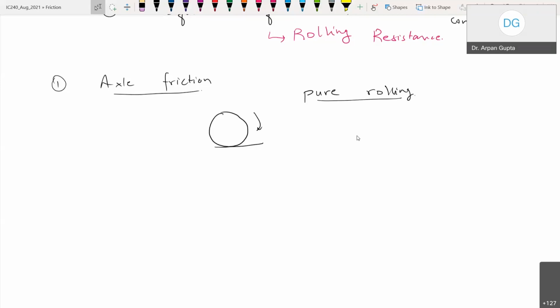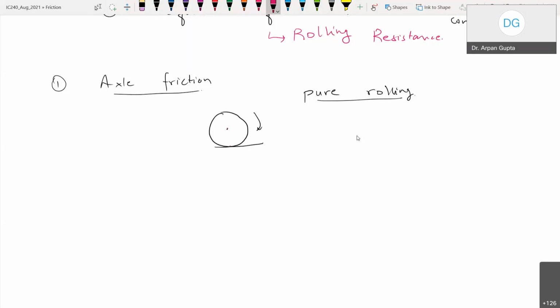I'm sure you have heard and studied these terms, and we will study them again in the dynamics section. But for now, pure rolling means the point of contact has no motion along the surface, so there is no relative motion between the ground and the wheel point.